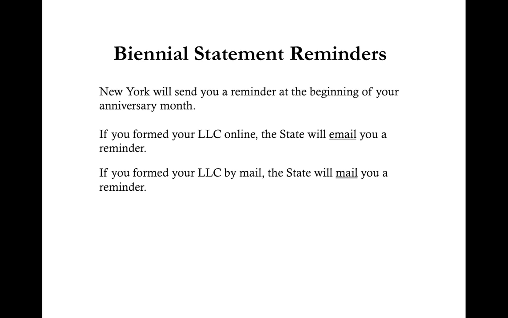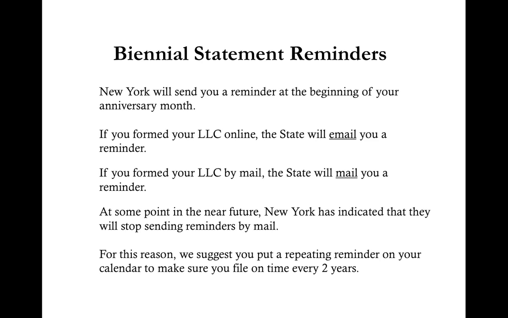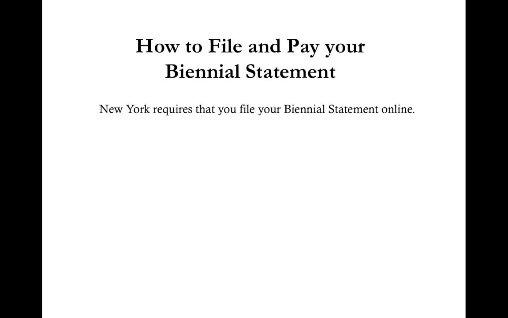If you formed your LLC by mail, the state will mail you a reminder. At some point in the near future, New York has indicated that they will stop sending reminders by mail. For this reason, we suggest you put a repeating reminder on your calendar to make sure you file on time every 2 years. New York requires that you file your biennial statement online.